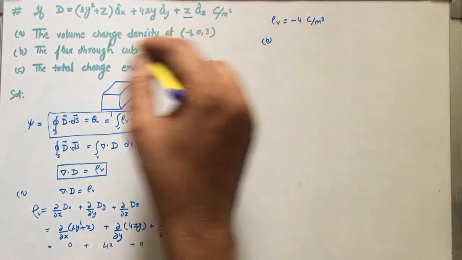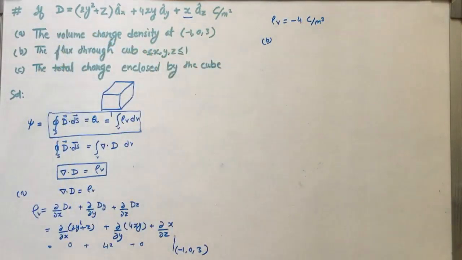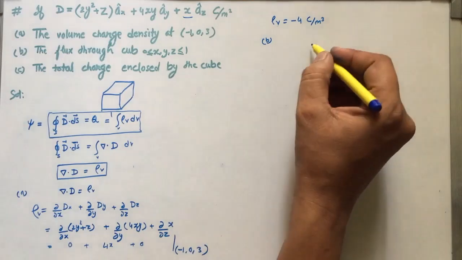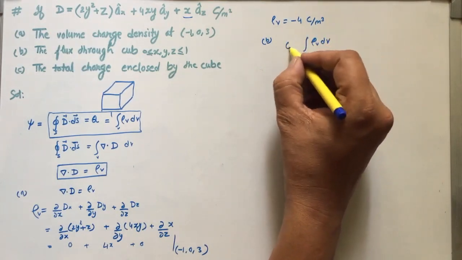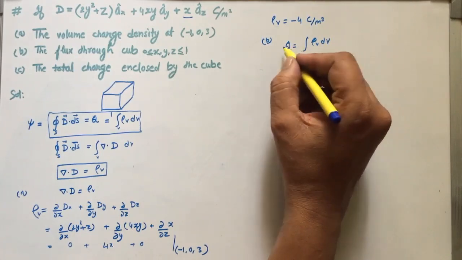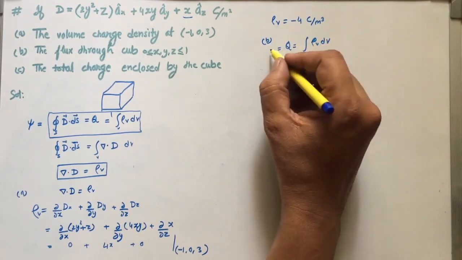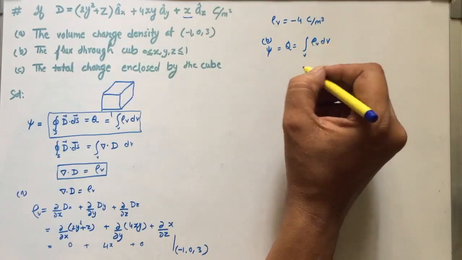Let us try part B. The flux through the cube, and we know the flux is nothing but the charge enclosed. So rho v dv, this is the charge enclosed and that is the total flux.